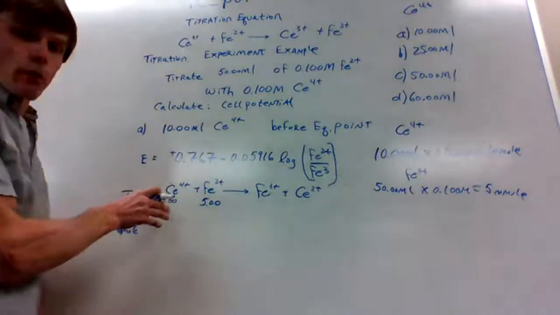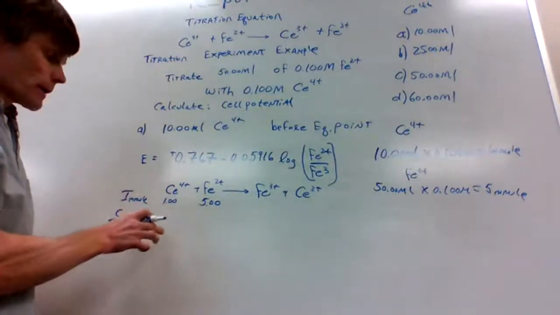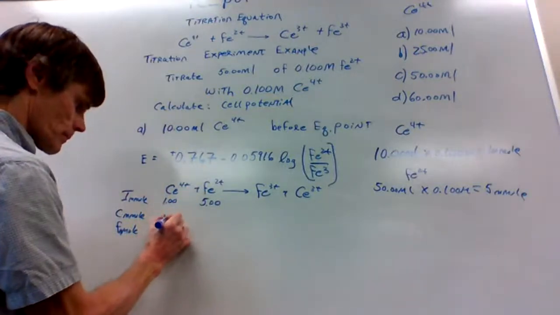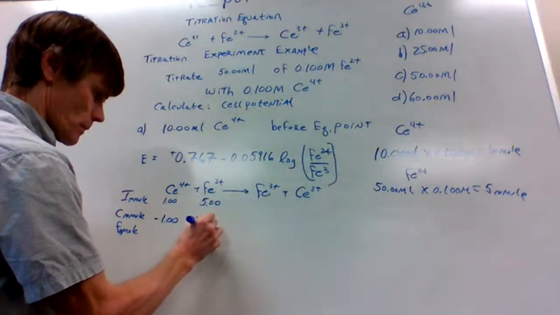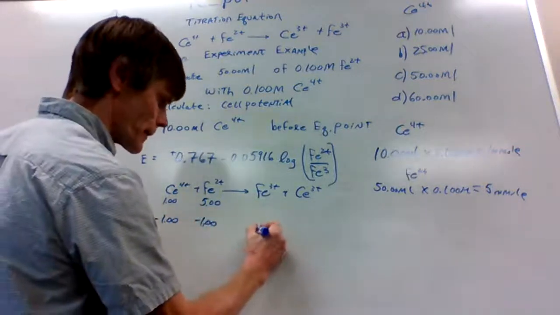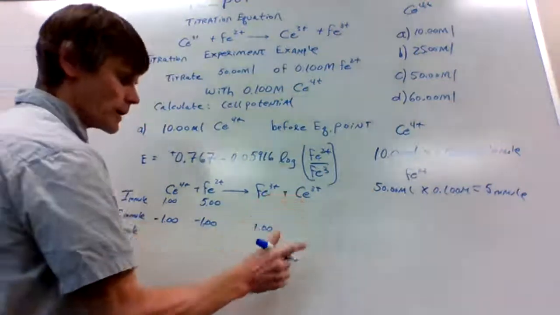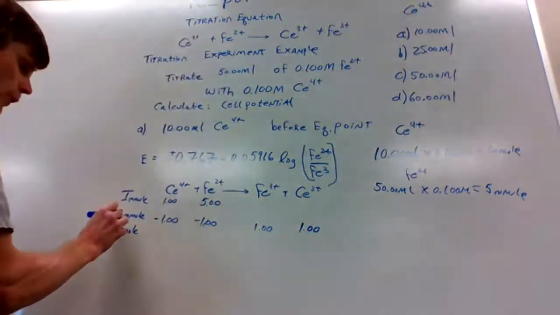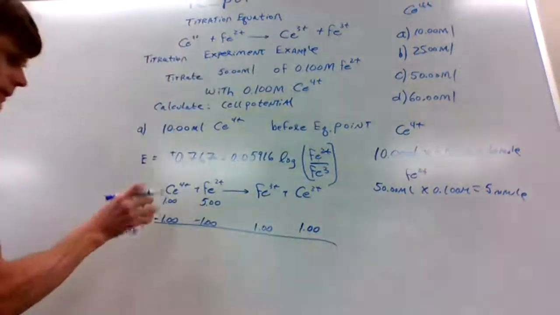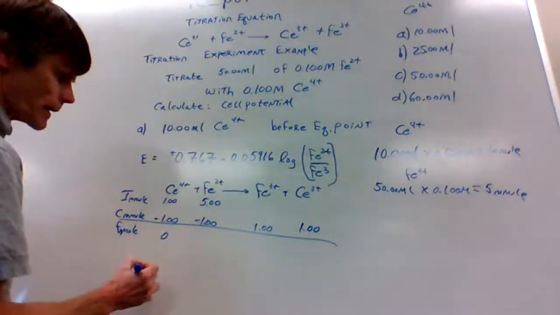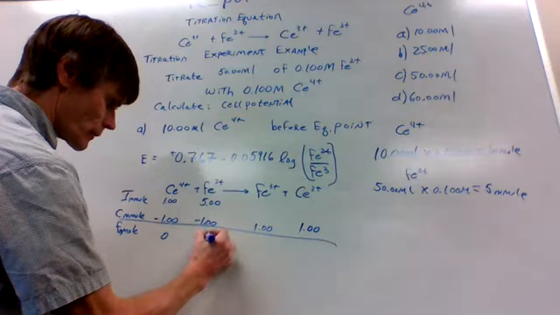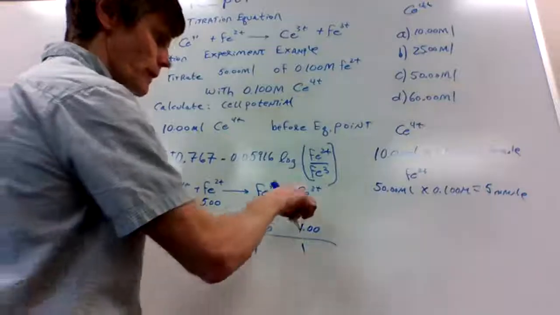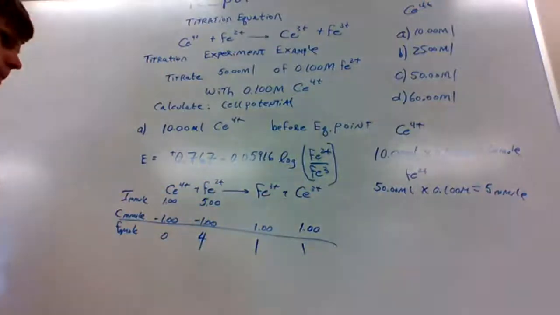Well, what happens as we add 1 millimole of the ceric 4? It gets consumed by 1 millimole of our iron 2, and we make 1 millimole of iron 3 and 1 millimole of cerous 3 positive. What do we have when we're left? Ce4 positive is gone. We have 4 millimoles of our iron 2, 1 millimole of our iron 3, and 1 millimole of the cerium 3 positive.